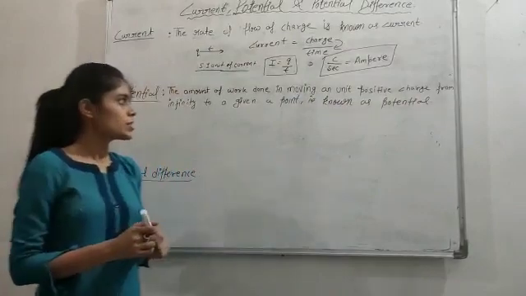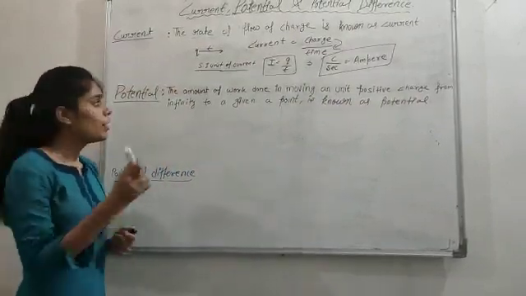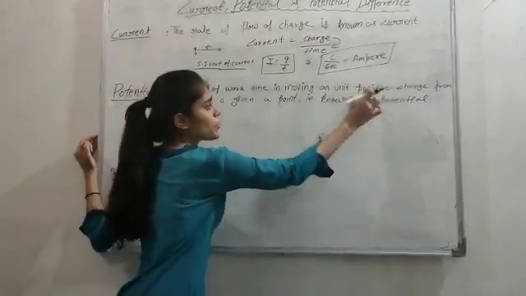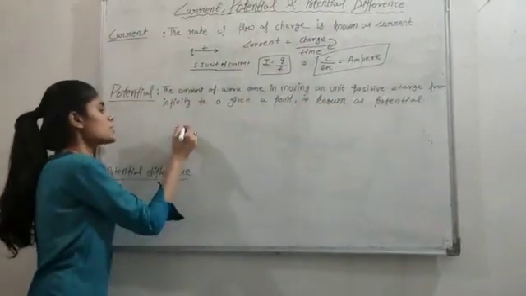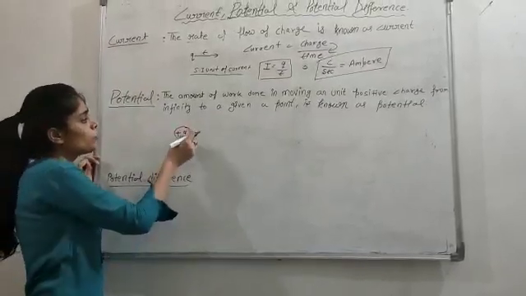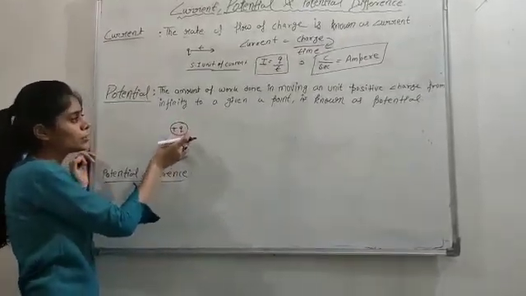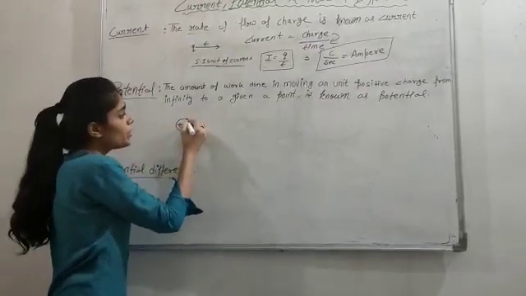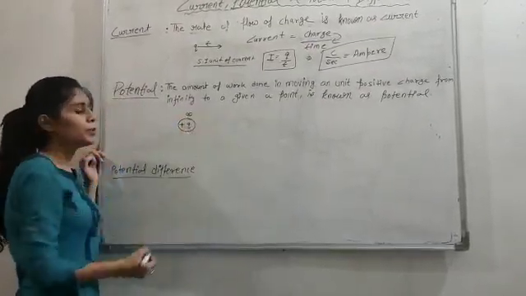Let's understand what this definition is saying. The amount of work done in moving a unit positive charge. Consider this is a unit positive charge, and consider this is the infinity point.